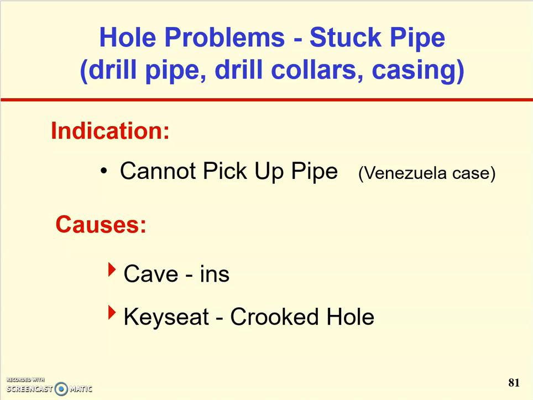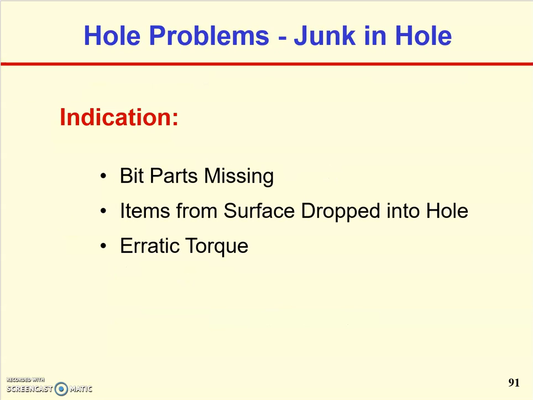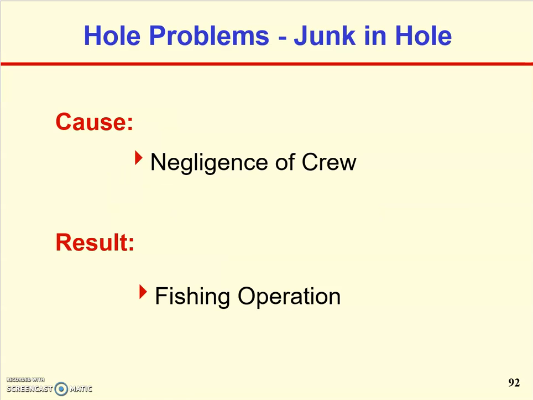The slides are there and discuss different situations that might happen. Another problem is of course the junk in the hole. You may lose some parts in the wellbore, and then you need to take them out, a process which is called fishing, right?